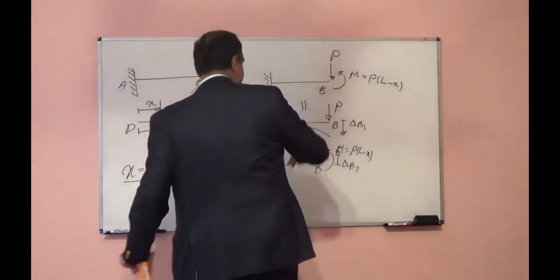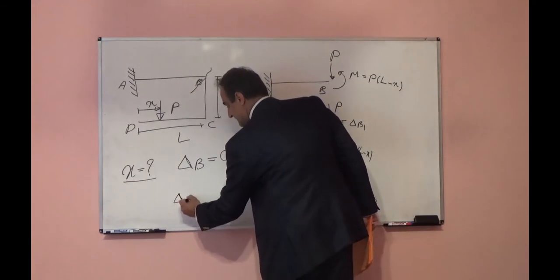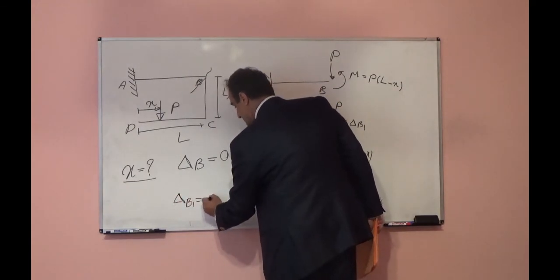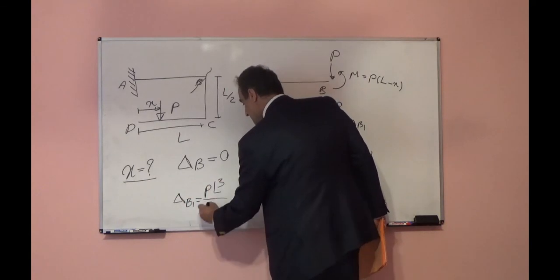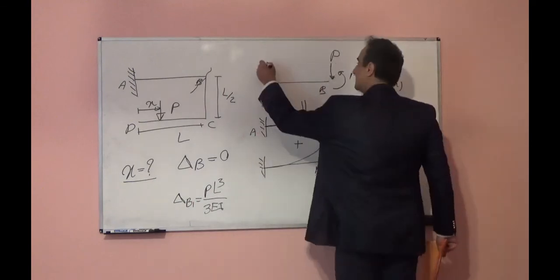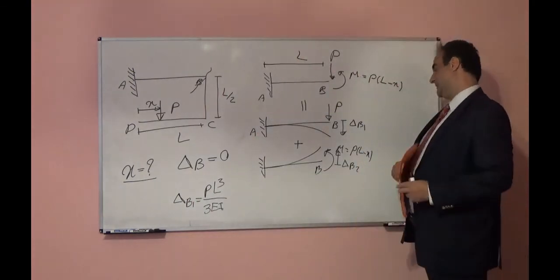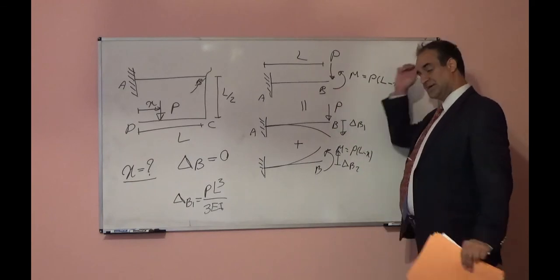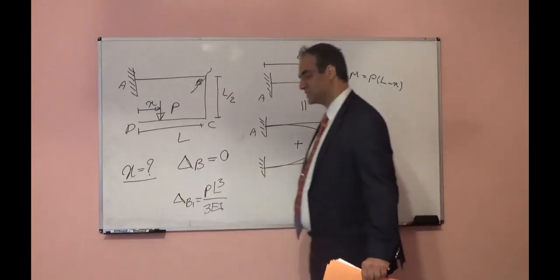If I apply load only on a cantilever beam, several times I have calculated this. What is the deflection? It will be P L cubed over 3EI. You can find it from different methods, but we know if we have a cantilever beam subjected to a concentrated load at the free end, the deflection will be PL cubed over 3EI.